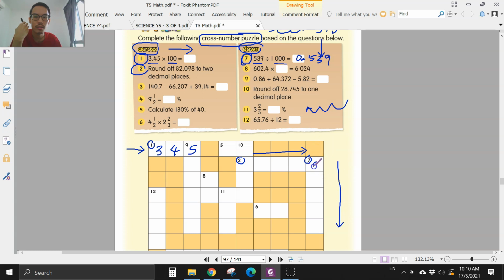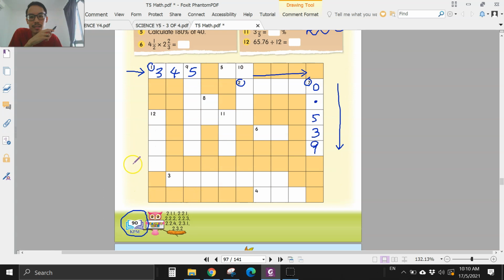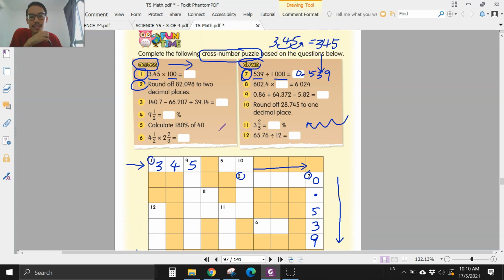Downwards. So 0.539 like this. Okay? So this is a homework cross number puzzle, page 90. And we'll discuss this in our next lesson.